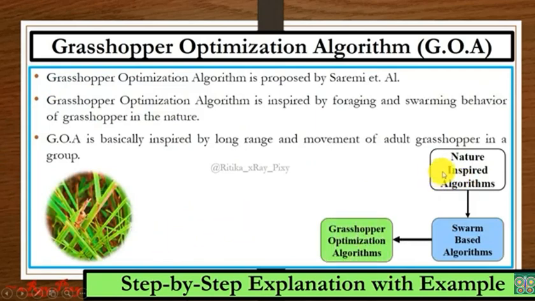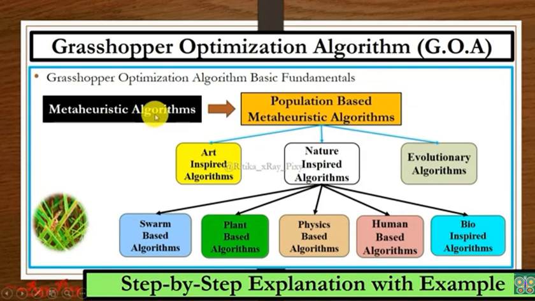As you can see, grasshoppers live in nature, so this is a nature inspired algorithm, and this is inspired by the foraging and swarming behavior of the grasshopper. So this is a swarm based algorithm. We have two categories for metaheuristic algorithms: single based and population based.